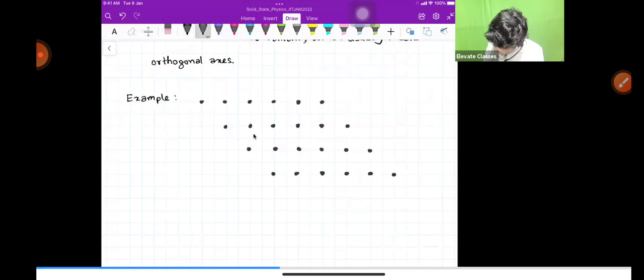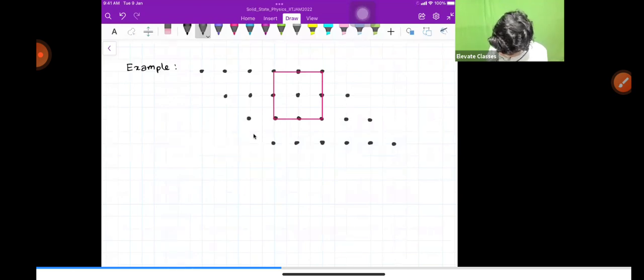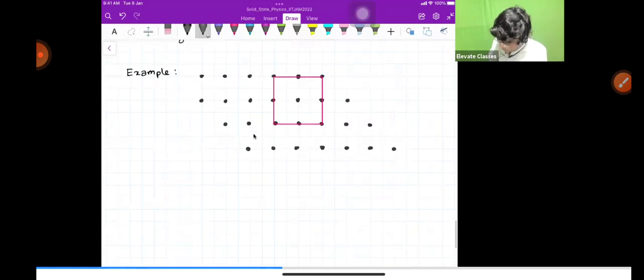So I'll draw this unit cell. Okay, so this is one unit cell, and then I think I would require one more layer to fit in the other structure. So I'll extend it this way.